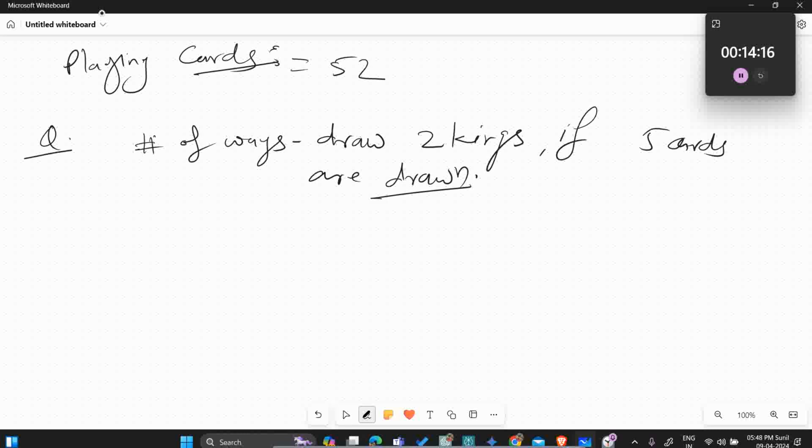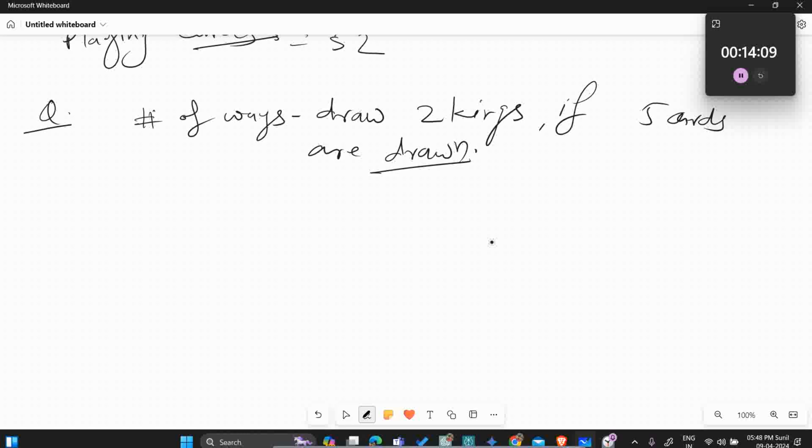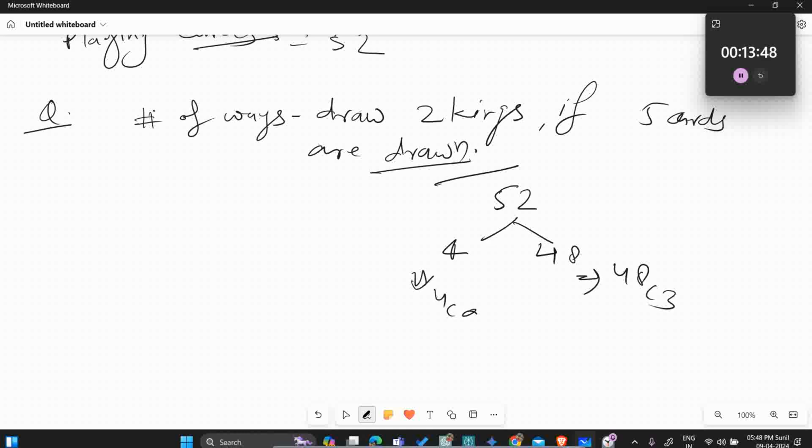This is the question. So what we can do here is, we are not taking probability here. This is not a probability question. We have to find how many ways we can draw. So we have 52 cards in which we have 4 kings and the rest 48. In these 48 we have to select only 3. So it will be 48C3, and from 4 we have to select 4C2. Answer would be 4C2 into 48C3.